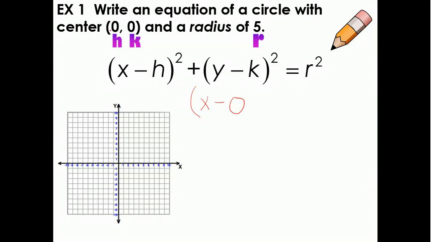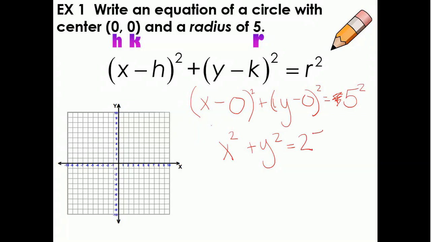H is always going to be with your x part of your ordered pair, and then the k will always be with the y part of your ordered pair. Okay? And then my r is 5, so that could be 5 squared. There we go. So my equation, x minus 0, you'll agree that's just x, right? So I'll get x squared plus y squared equals 25, because 5 squared is 25, right?